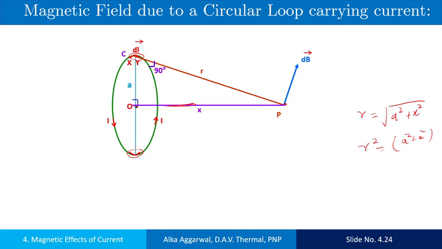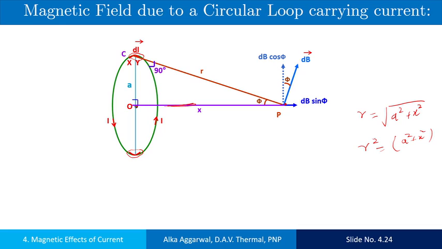The magnetic field is perpendicular to the plane containing dl and r, and its direction is determined using the right hand screw rule which we have discussed already. Phi is the angle.